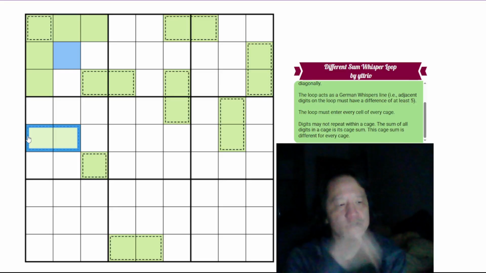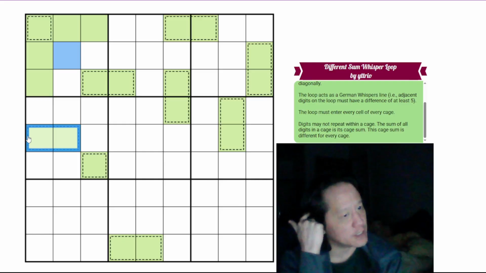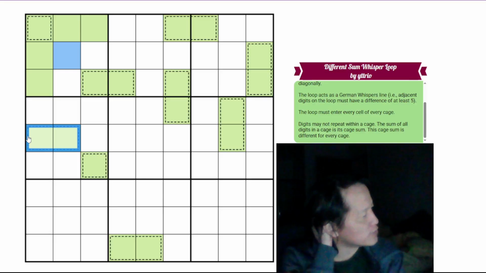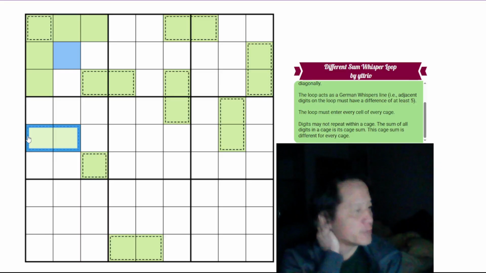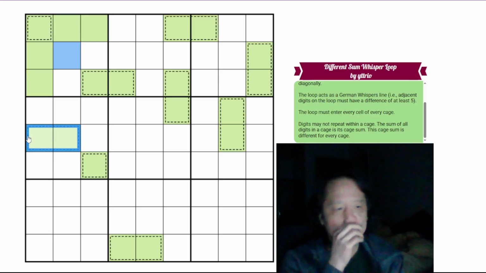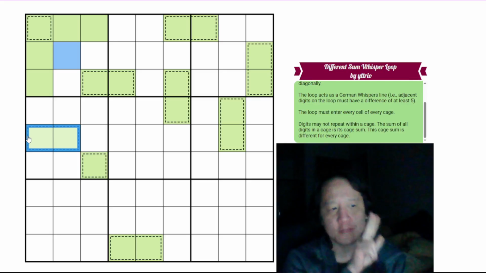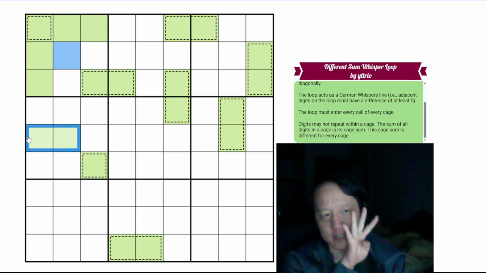Right? Because you're guaranteed a low digit and a high digit on a Whisper 5 line. If they're adjacent, because the digits 1 through 4 have to be next to 6 through 9. 1 can only be next to 6 through 9, 2 can be next to 7 through 9, 3 can be next to 8 or 9, and 4 can be next to 9.